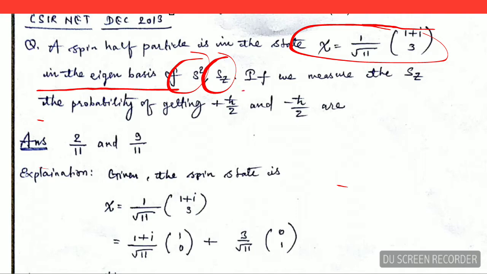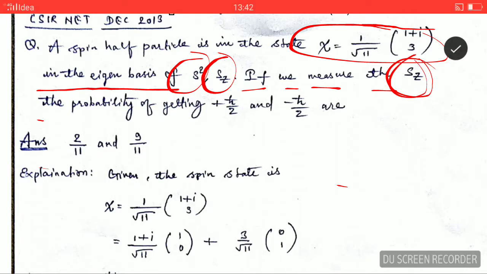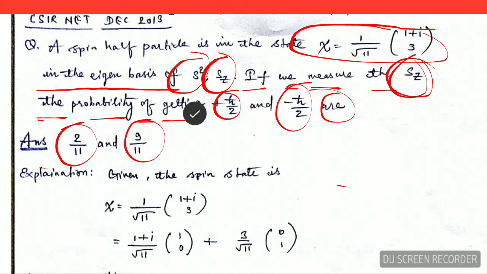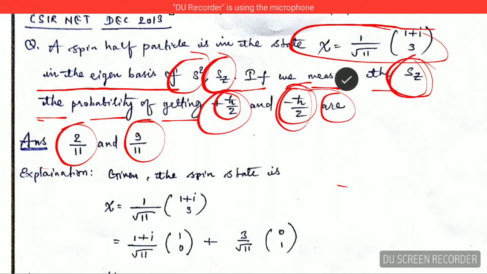Further, if we measure Sz, the probability of getting plus h naught over 2 and minus h naught over 2 are asked. The answer is 2 over 11 and 9 over 11. So there are two answers because they asked us the probability of getting this and this.